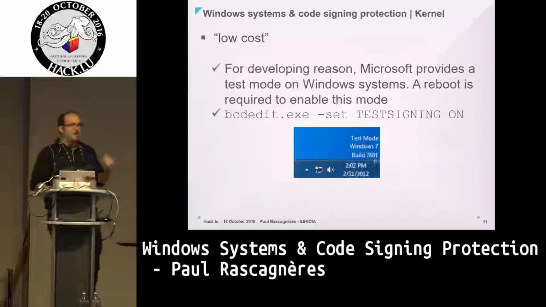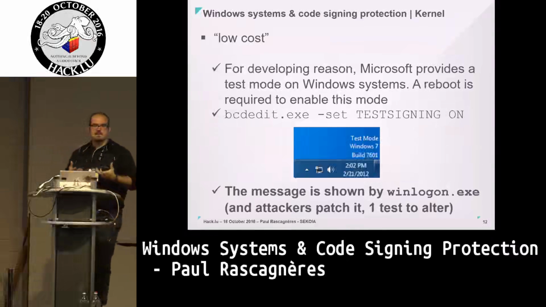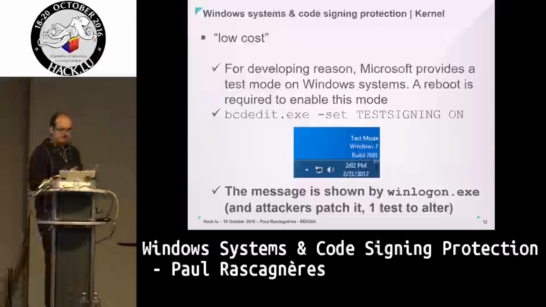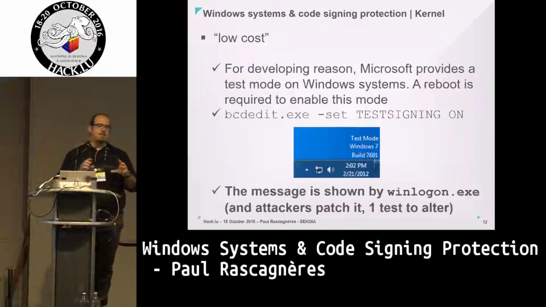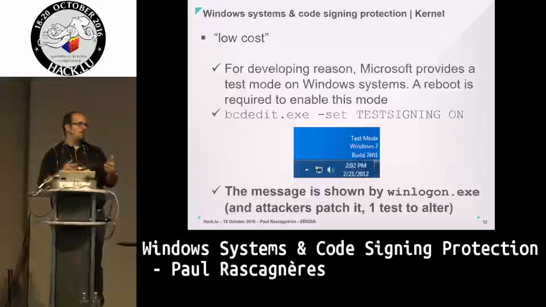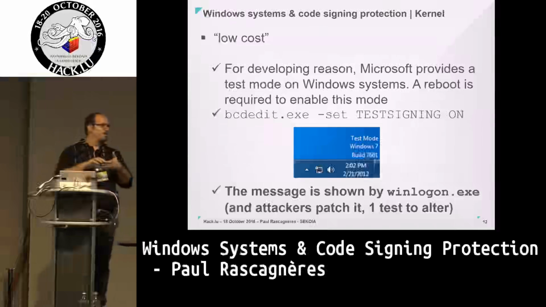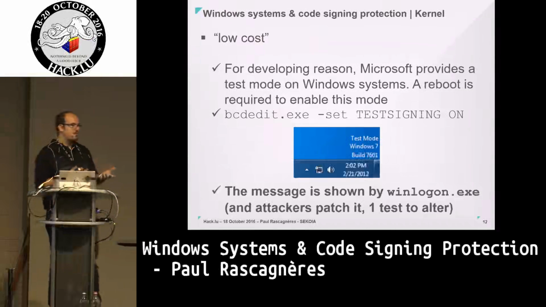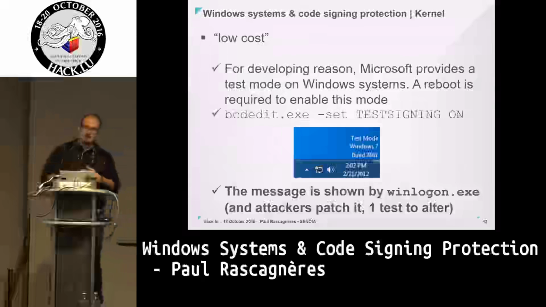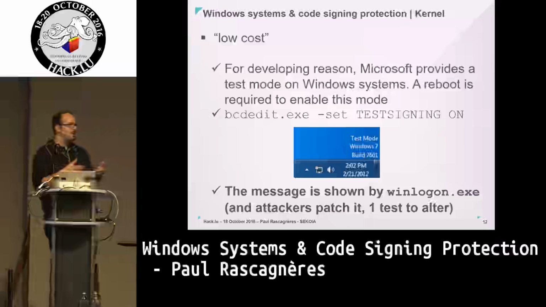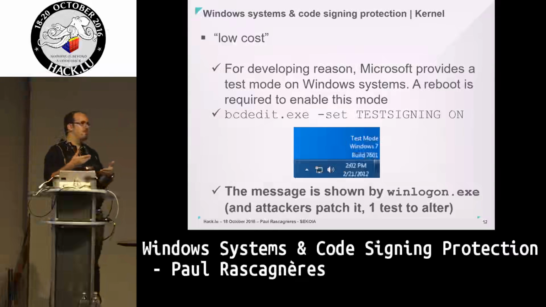But anyway, how is this text displayed on your system? In fact, when you log on to the system, winlogon.exe is executed, and it's this process that writes this text on your desktop. So one approach some attackers used is simply to monitor the execution of winlogon.exe and patch it in memory in order to never display this message.